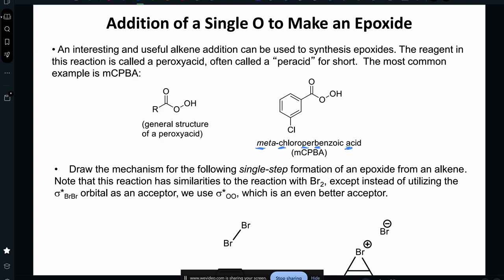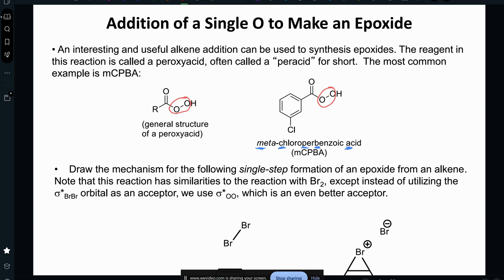Bottom line, with peroxy acids or any peroxide molecule, the key feature is that we have an OO single bond. OO single bonds are relatively weak, and they tend to make for relatively reactive molecules. So molecules with OO bonds tend to be less stable.